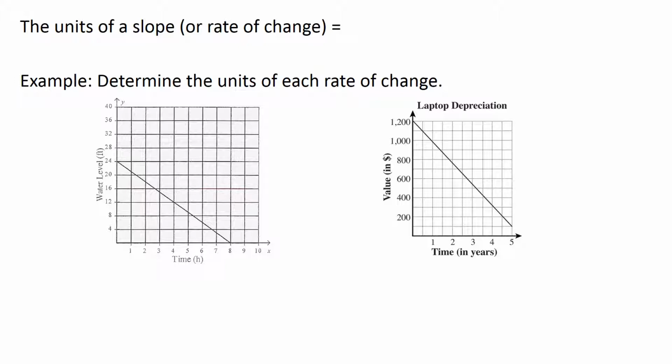The units of a slope or rate of change are just the units of the rise divided by the units of the run, which makes a lot of sense when we think about it, since the slope itself is just the rise divided by the run. So let's look at the units for the two slopes in the graphs below.